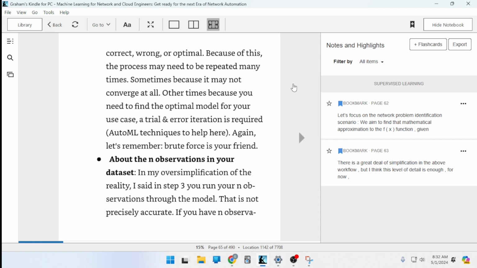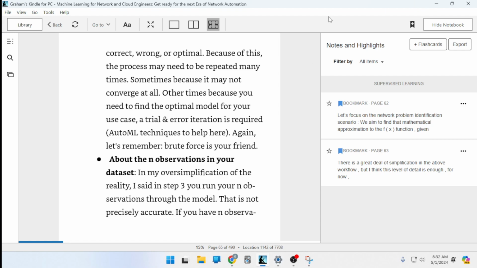Sometimes because it may not converge at all. Other times because you need to find the optimal model for your use case, and trial and error iteration is required. Auto machine learning techniques help here.